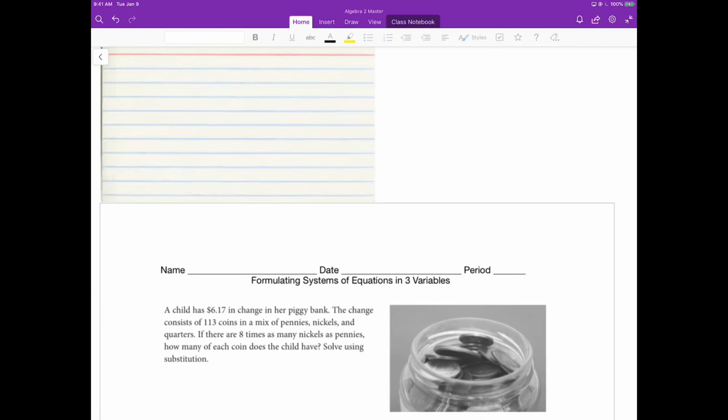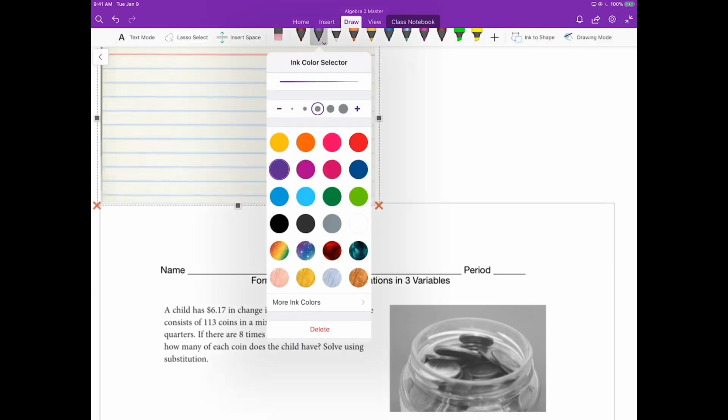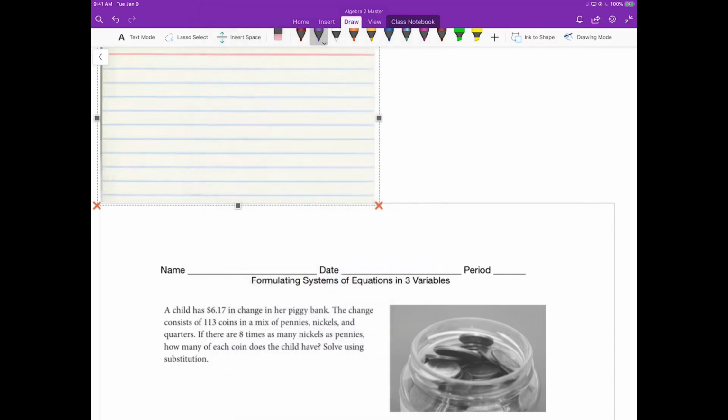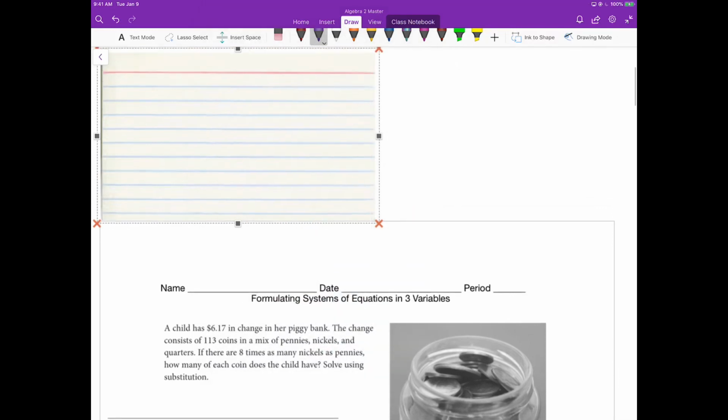If there are 8 times as many nickels as pennies, how many of each coin does the child have? Solve using substitution. So I got another note card out. You can get another note card to make some notes about steps we can take to solve this system.